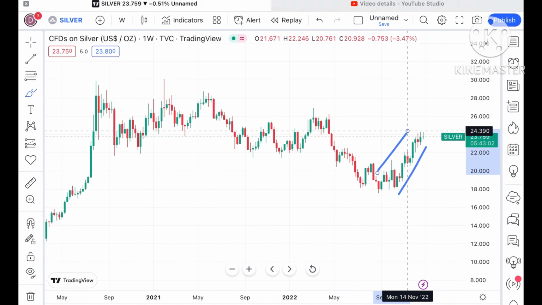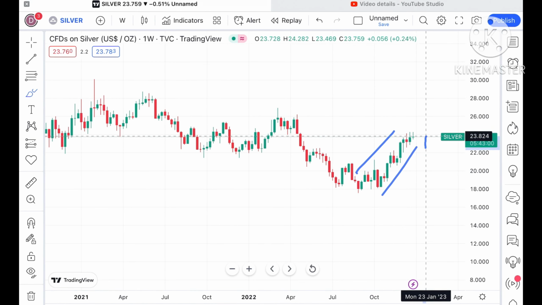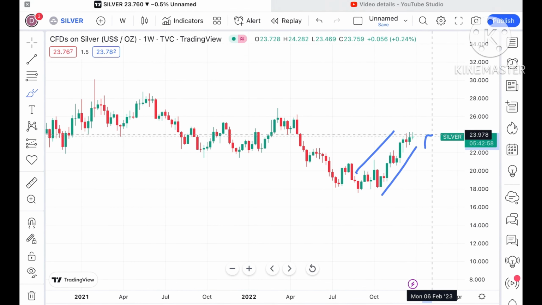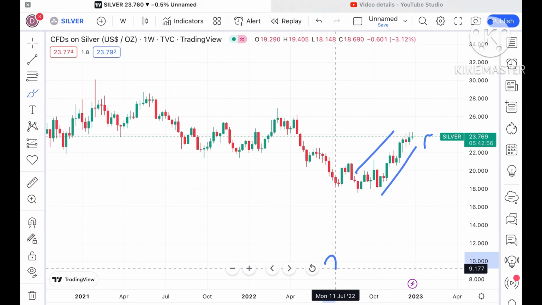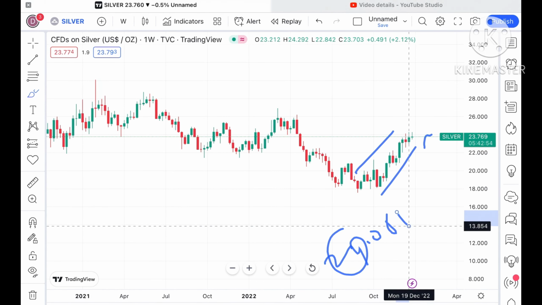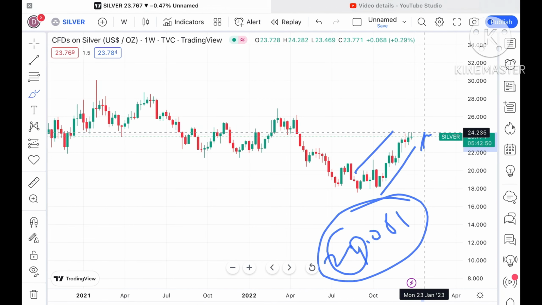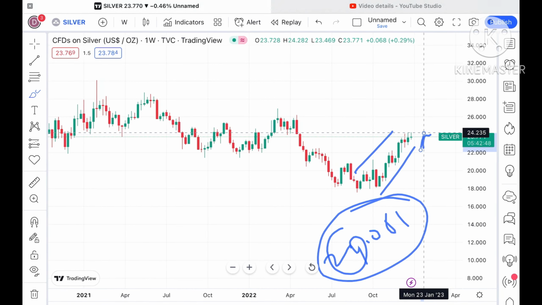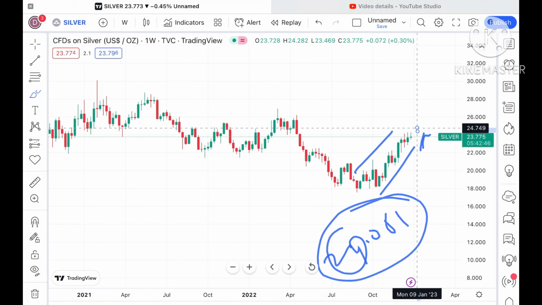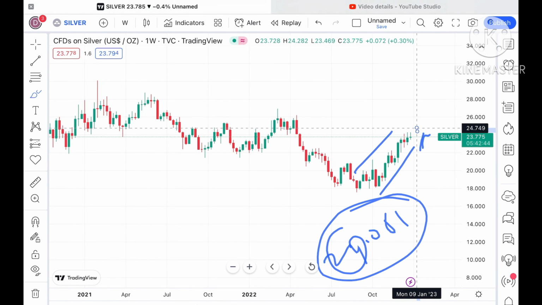Now look at this particular chart, there is a continuous upside. Suppose the price sustains above this particular level, chances of going towards $24.081 are there. This resistance is already weak, so chances are very high it can cross a level of $24.235 and touch around $24.749.